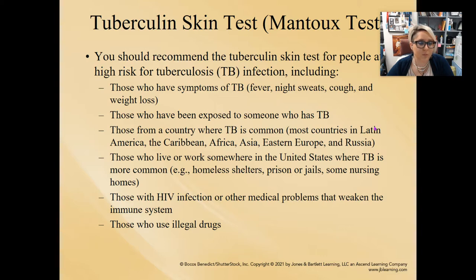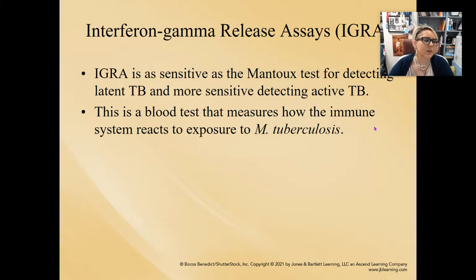Or someone who's exposed in their family to TB, or in a high-prevalence country such as Latin America, the Caribbean, Africa, Asia, Eastern Europe, or Russia, or those who live or work somewhere in the U.S. where TB is most common, such as homeless shelters, prisons, or jails, and some nursing homes can spread it. A lot of people with HIV are at higher risk, and those who do illegal drugs.